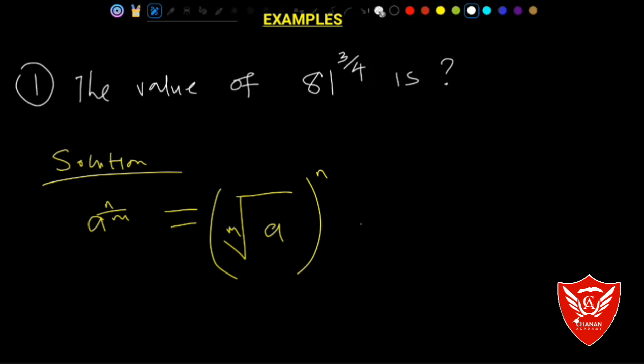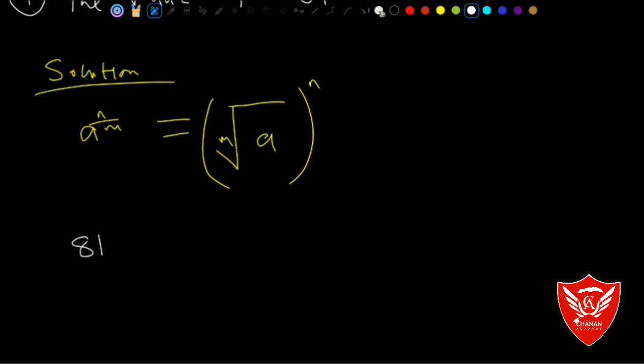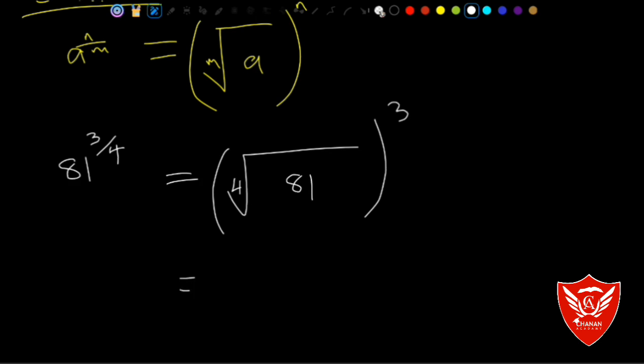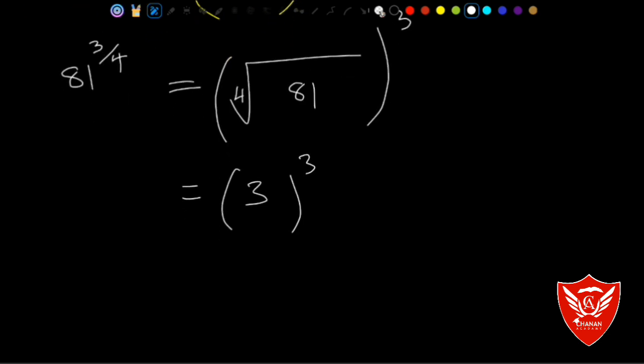So we have 81 raised to the power of 3 over 4, which is equal to the fourth root of 81 in brackets raised to the power of 3. So the fourth root of 81 is 3, raised to the power of 3. So 3 raised to the power of 3 is going to be 27.